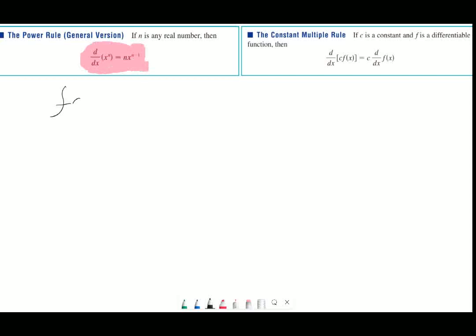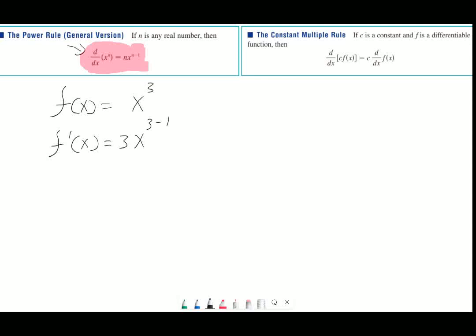A function that looks like that might be something simple like x cubed. So that's in the form x raised to the n. And when I find the derivative, this literally says take the derivative, so I will take the derivative by bringing that exponent 3 out front, taking that 3 and subtracting 1 from it.